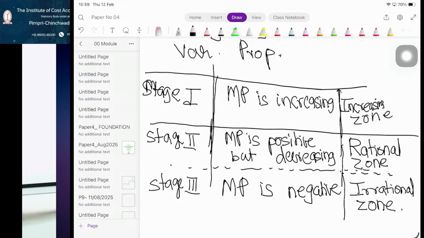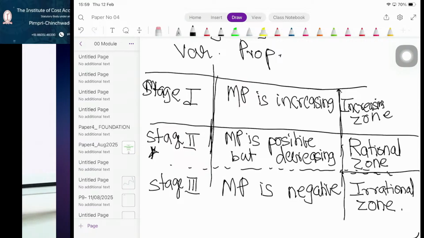Okay, and since this is where the firms actually operate, where marginal product is positive but diminishing, that is why we call this zone the rational zone. So the three terms: increasing zone means where marginal product is increasing.